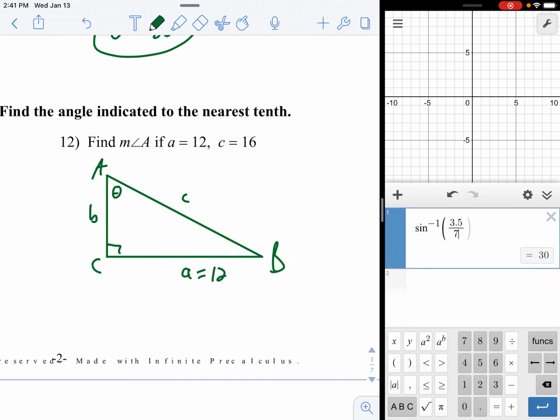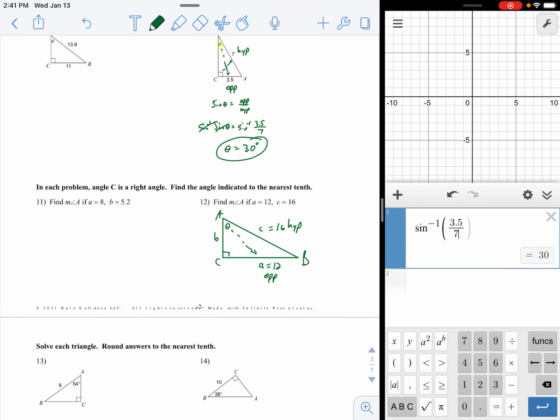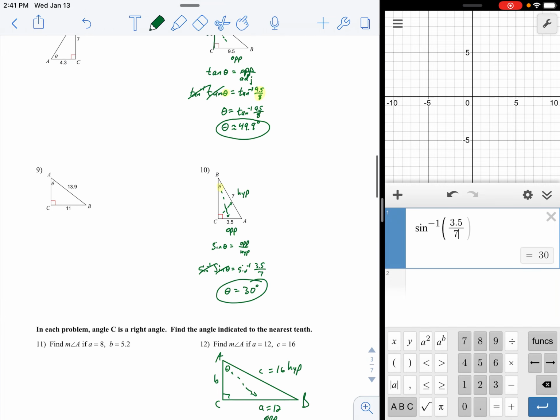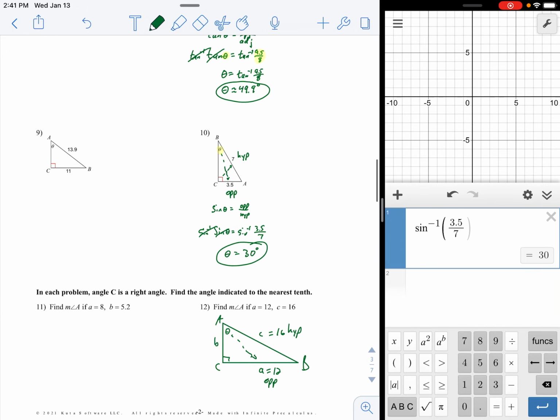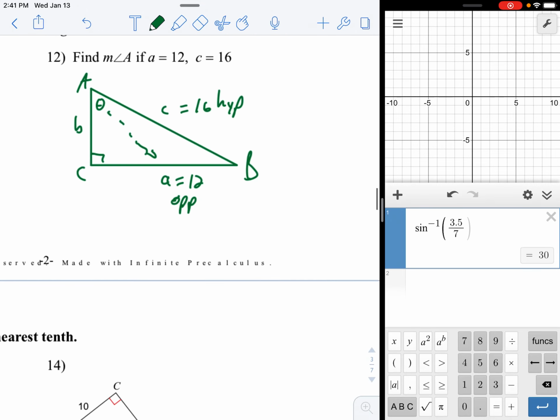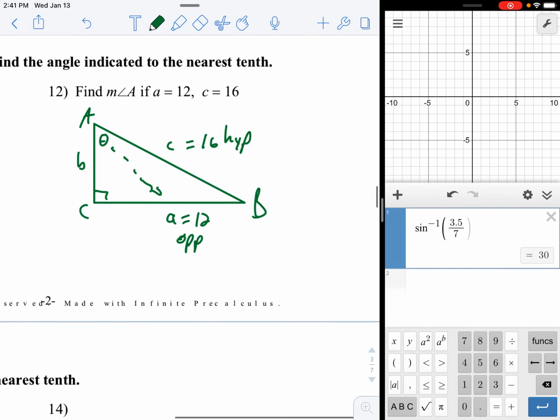Little a equals 12, little c equals 16. Well, it looks like we have another sine problem here. This is the opposite, and this is the hypotenuse. I think when I made this worksheet, I wanted to give you one sine, one tangent, one cosine, and it looks like I screwed up. This one is another sine problem. Oh well. It's not a big deal.